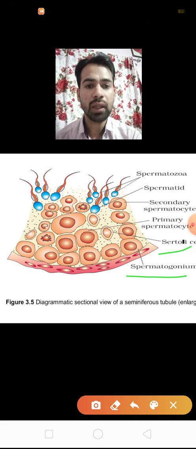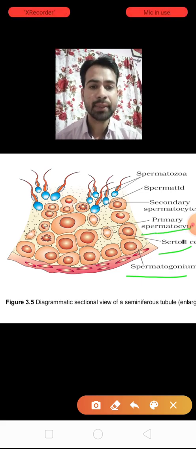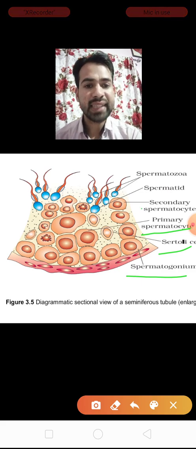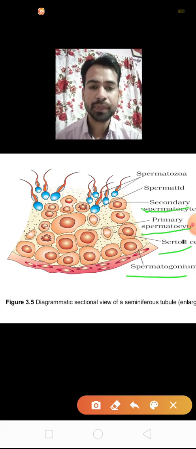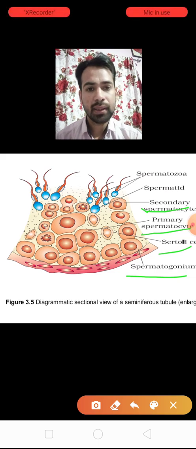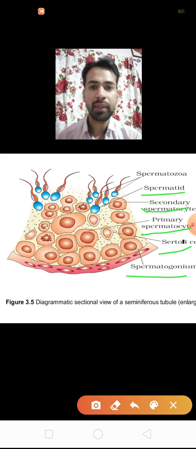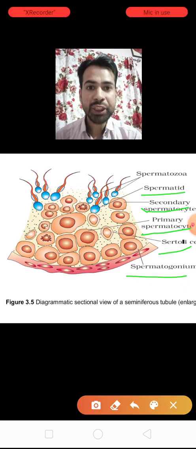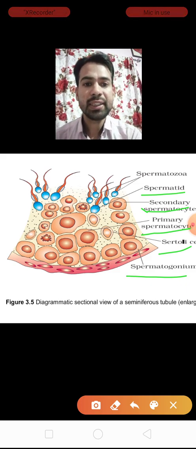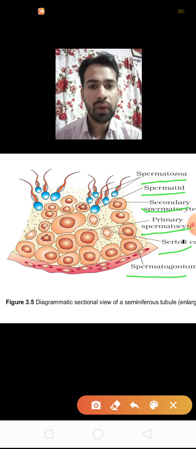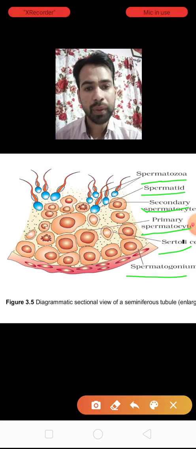They produce the primary spermatocytes and secondary spermatocytes, then spermatids, and by the process of spermiation, the spermatozoa or sperms are formed.